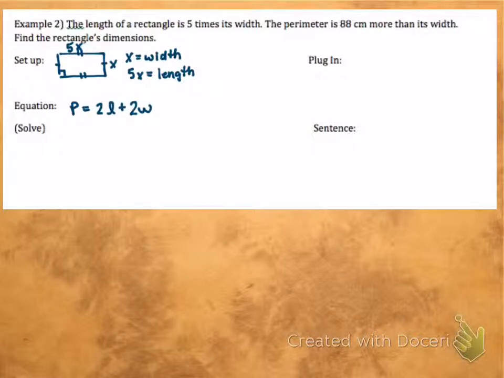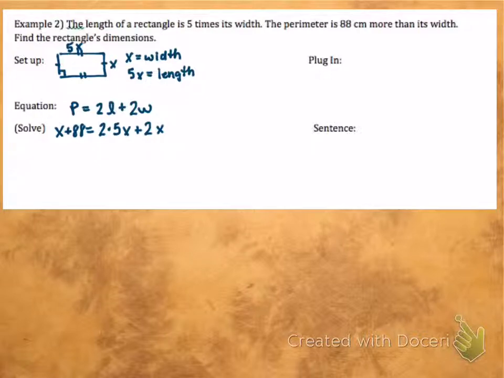So we know that our length is 5x, so 2 times 5x, plus 2 times the width, which we have as x. And then the problem tells us the perimeter is 88 centimeters more than the width. So the perimeter is the width plus 88. And now we have our equation.